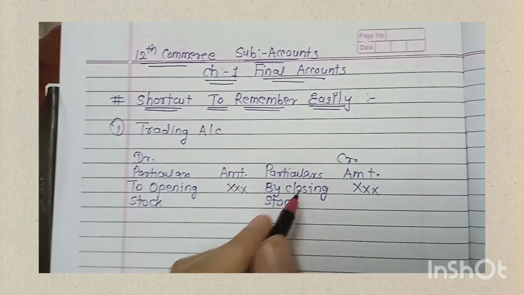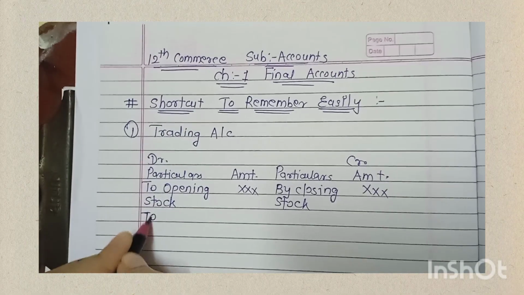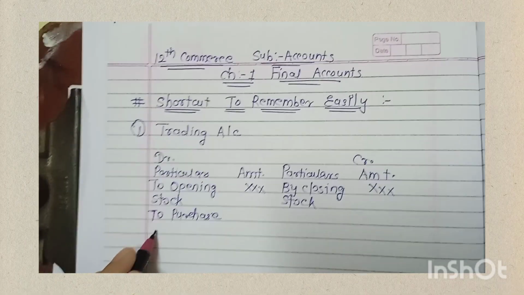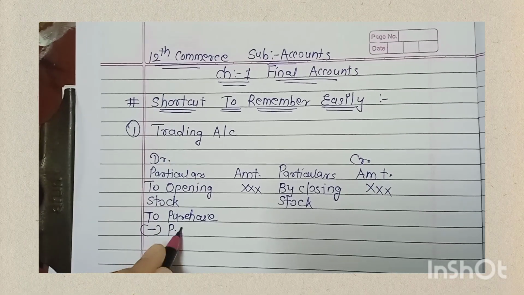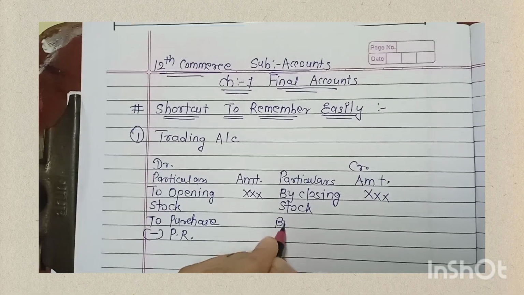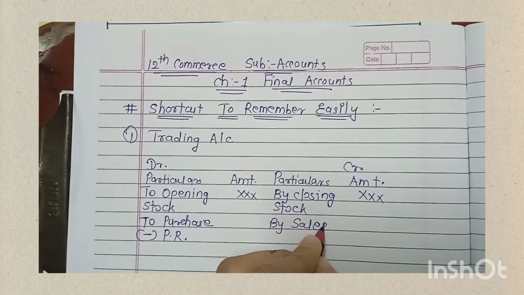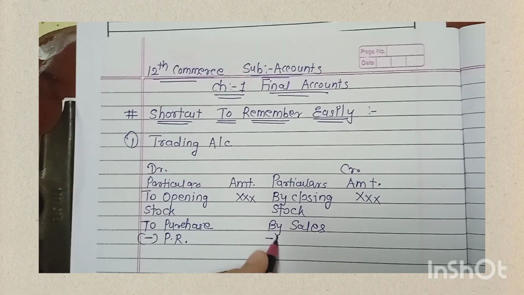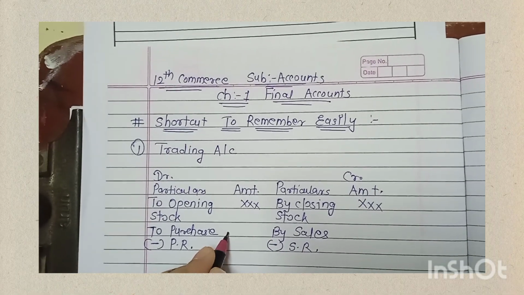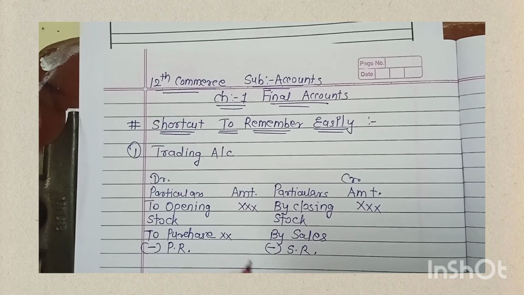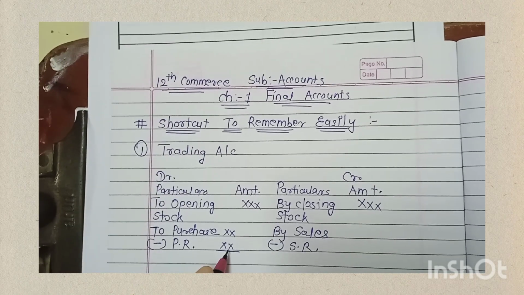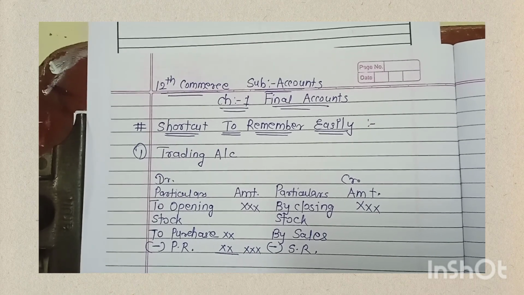Now here you know it is the purchase account, and below we write purchase return, that is PR. On the credit side we know sales, and below it is sales return, and after subtracting we will get some particular amount.